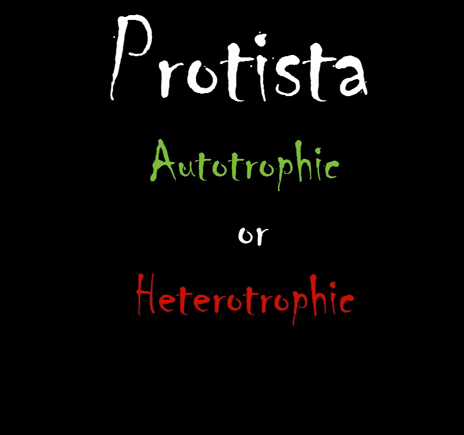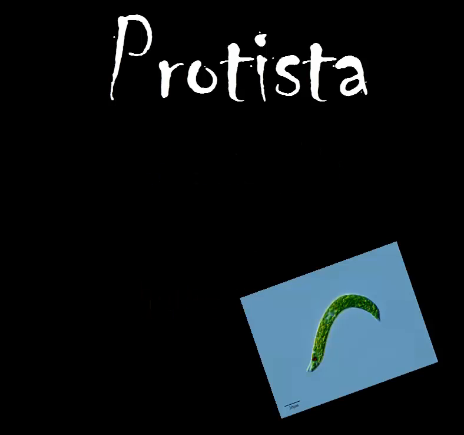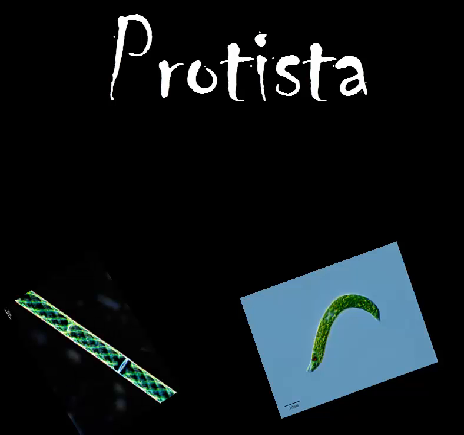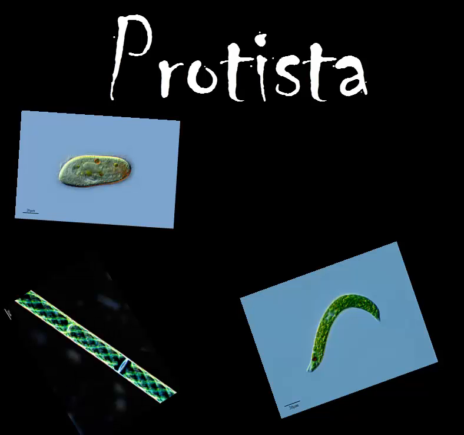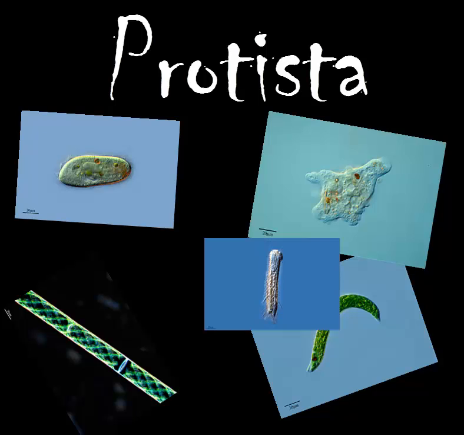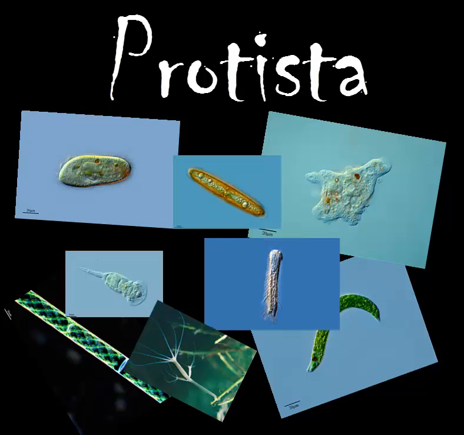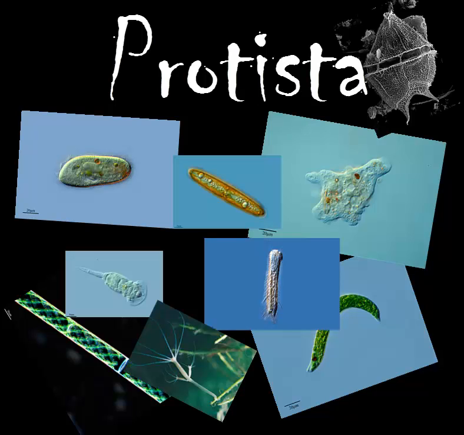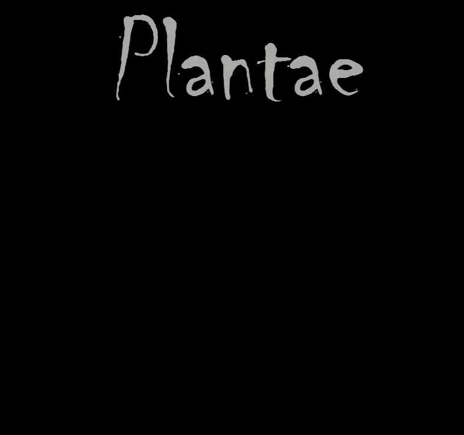This means some individuals make their own food while others rely on consuming other organisms. Euglena, Spirogyra, Parameciums, amoebas, and many other tiny and fantastic organisms that are an intricate part of our world make up the kingdom Protista.